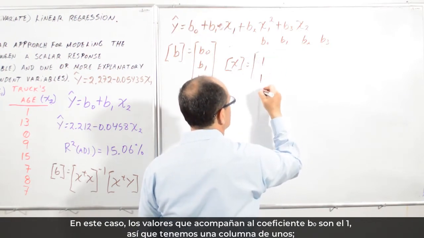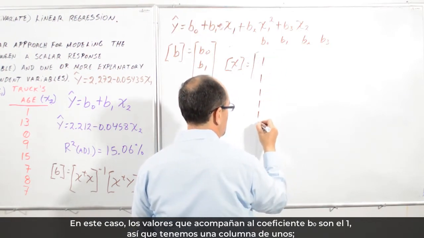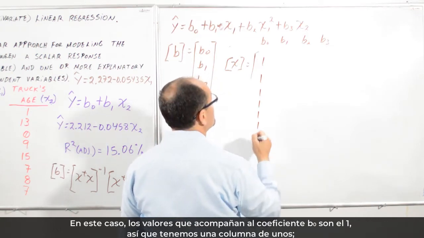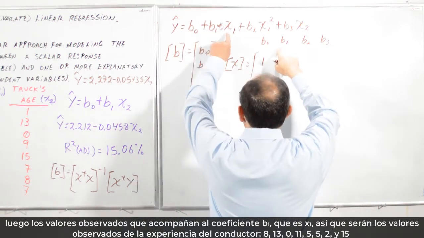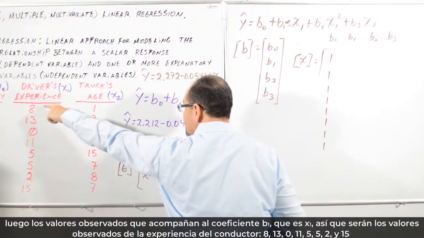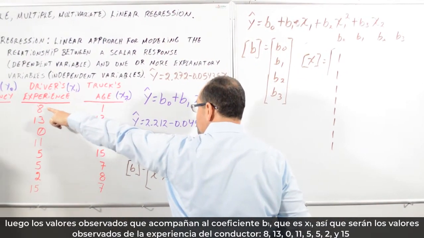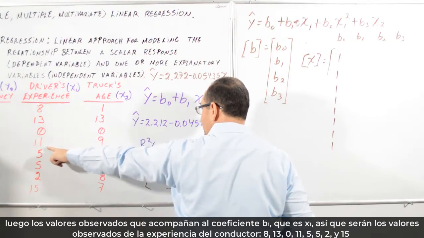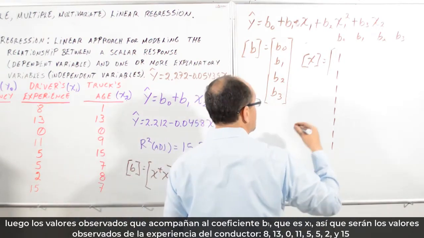So here we are having 1s. The one that goes with B1 is X1, which will be driver's experience. So it will be these values: 8, 13, 0, 11, 5, 5, 2, and 15.